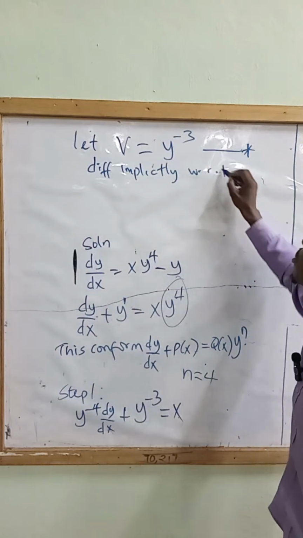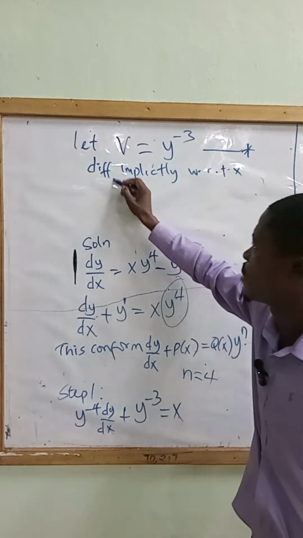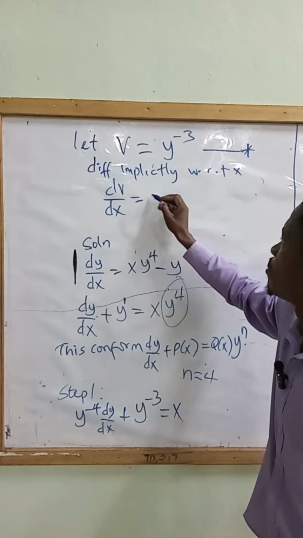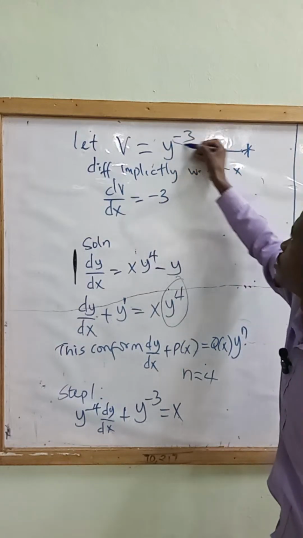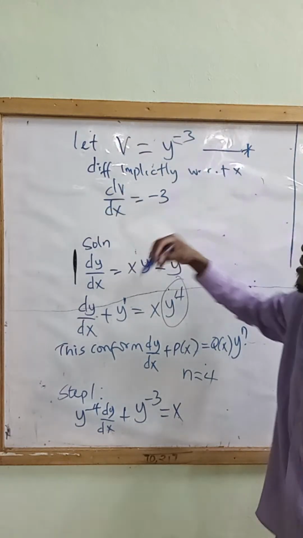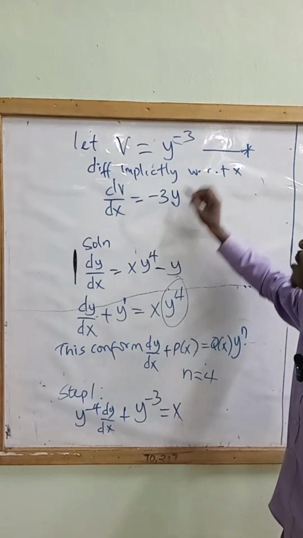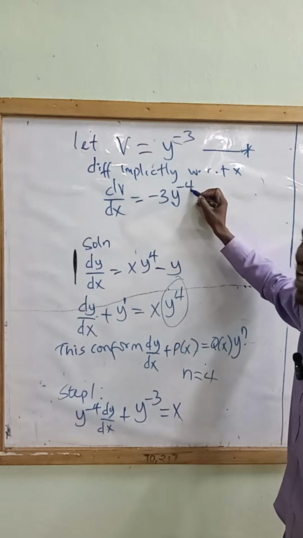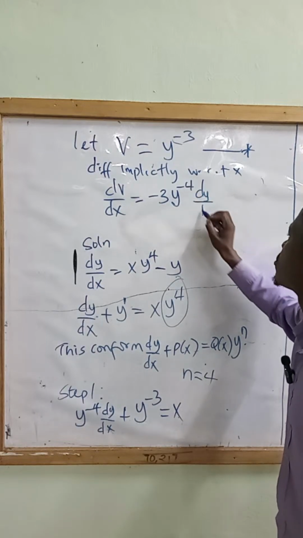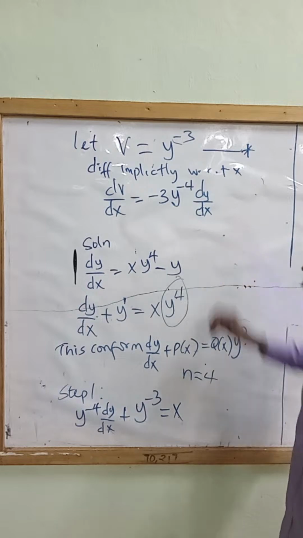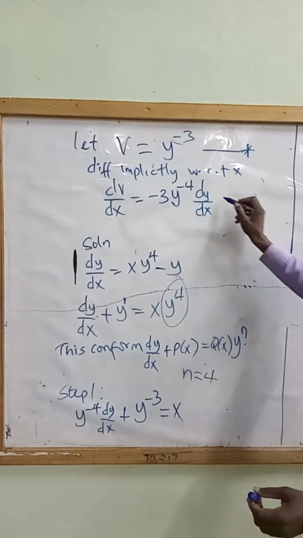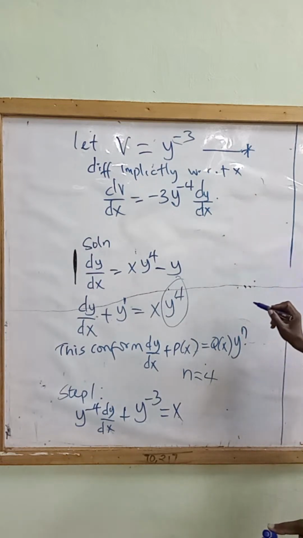With respect to x, if you do that, we're going to have dv/dx equal to minus 3. The power goes to the front, then the function again to the power minus 1, so minus 3 minus 1 is minus 4, times dy/dx.